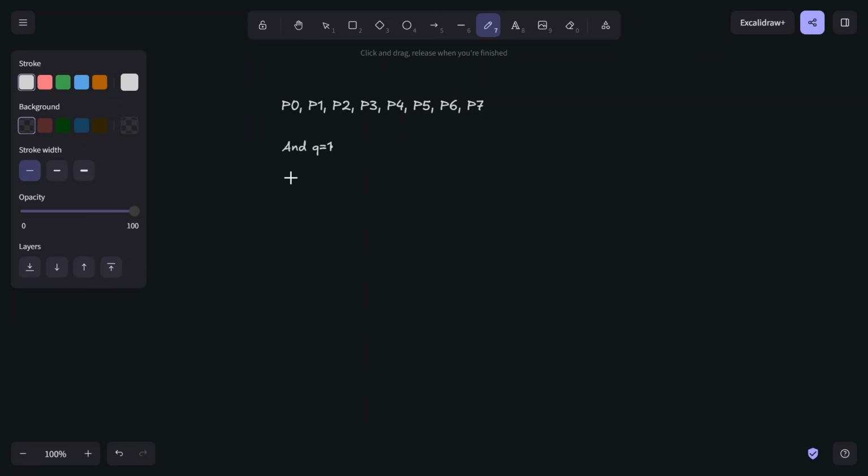By the formula we can say (I + Q) mod P.